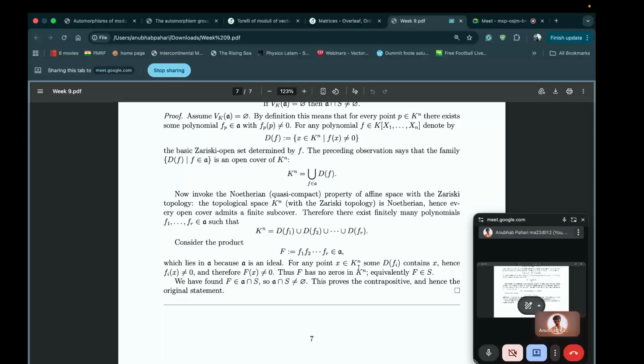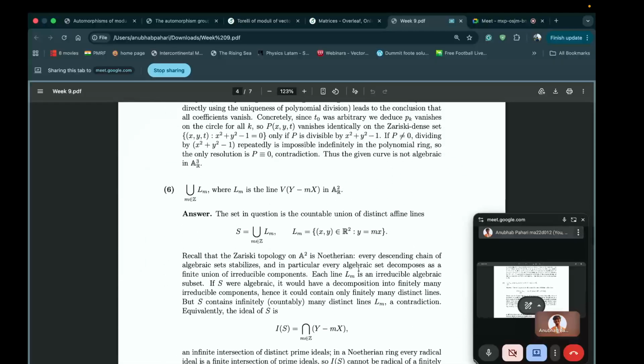Now for any point x of k to the power n, some D(fi) contains x, hence fi(x) is not equal to 0, and therefore f(x) is not equal to 0. Thus f has no zeros in k to the power n and equivalently f belongs to S. And we have found f belongs to A intersection S, so A intersection S is not empty. This proves the contrapositive, hence the original statement.